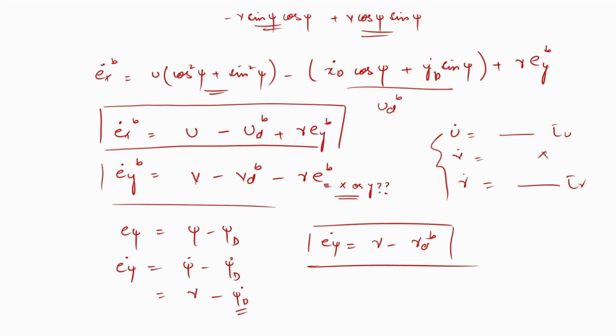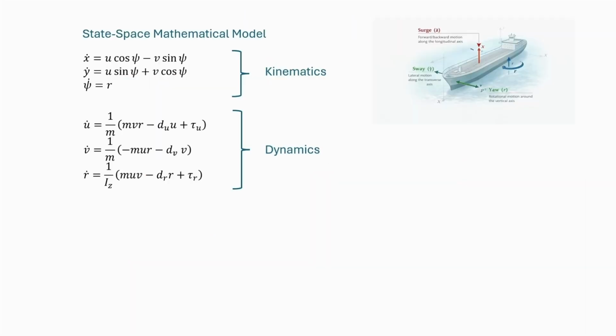I will rewrite the kinematics and dynamics and explain it to you. So let's go to the next slide. So we derived these three equations. Let me rewrite them over here. We derived the tracking errors in body frame for positions, and let me rewrite it here. Ex dot b is equal to u minus u desired in body plus r e y in body.